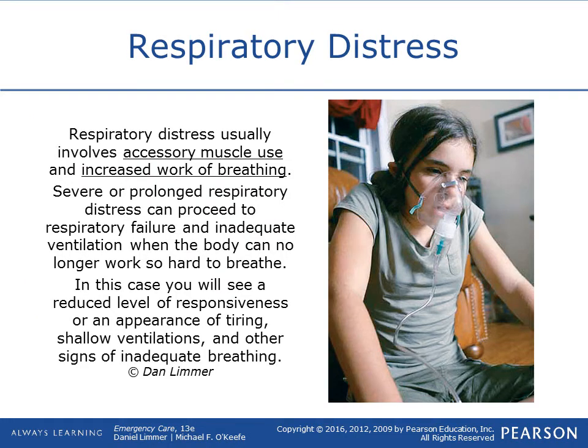Some indicators for somebody having major respiratory distress, as you see in the picture here. You've got a person in the tripod position. They're sitting up, they've got their hands on their knees, they're slumped forward, they've got that arched back, and if you could see under the shirt, the muscles in between the ribs would be retracting inward. The body's working as hard as it can trying to get that air movement in.